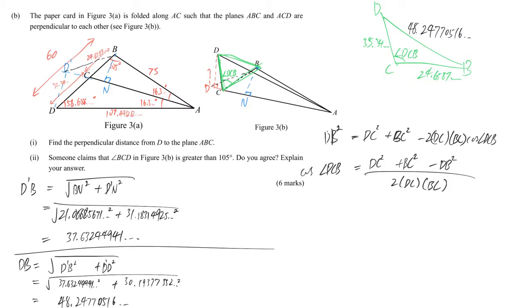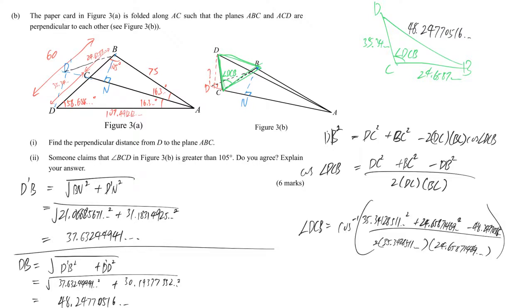So we just change the subject, then we shift cosine, then we ask inverse cosine, and we can get the angle. We just plug in all the values that we have, and then we get the angle is equal to 105.67066935 something. And then compare with our target, is that greater than 105 degrees? Yes, it's greater than 105 degrees, so we should agree with the statement. Then we finish the question.